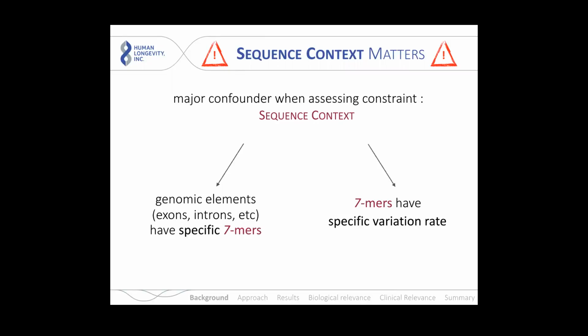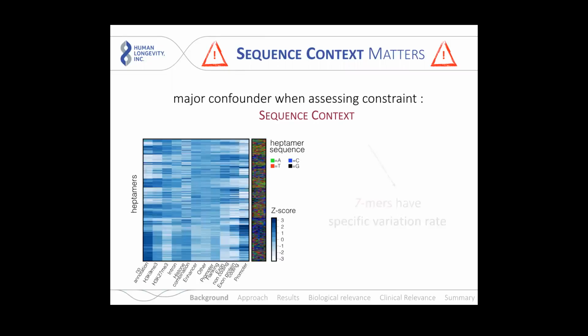But first, let me illustrate how genomic elements have very different sequences. So the heat map here shows the relative abundance of each octamer in different genomic elements. Each row represents an octamer, whose sequence is displayed on the right-hand side, and each column is a genomic element.